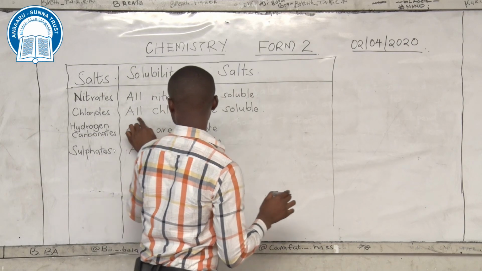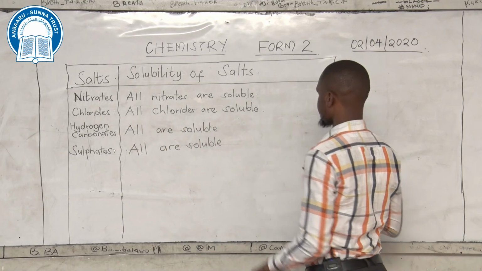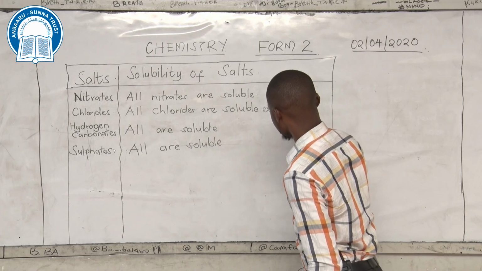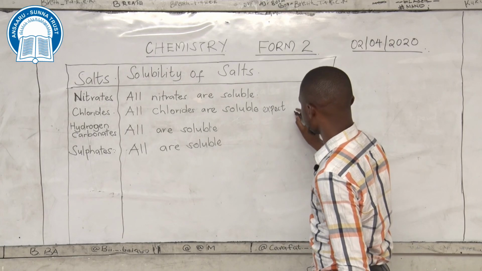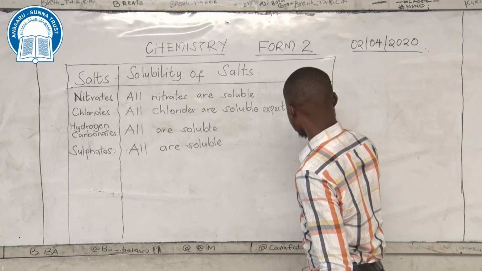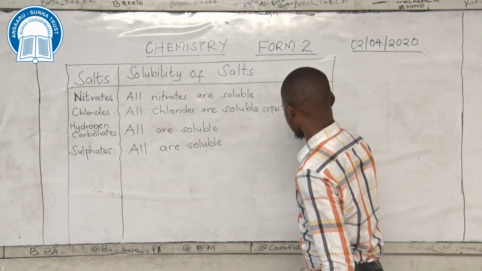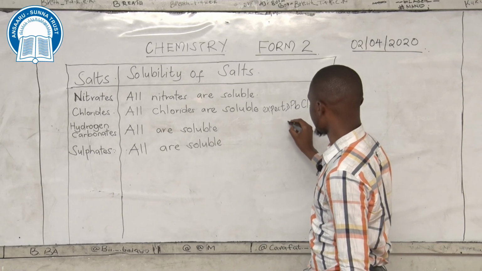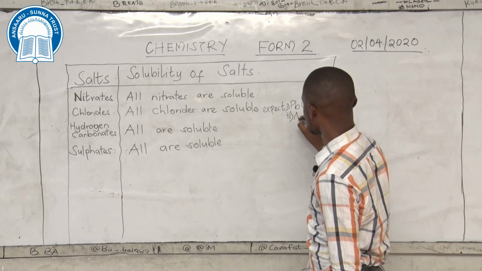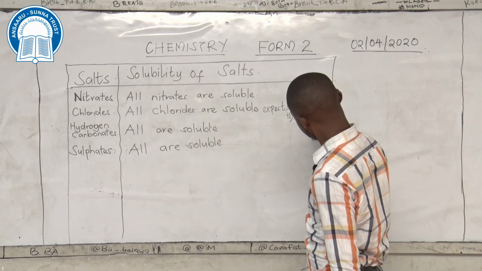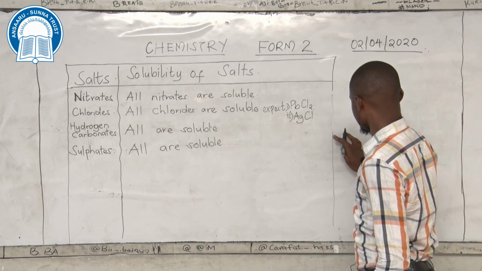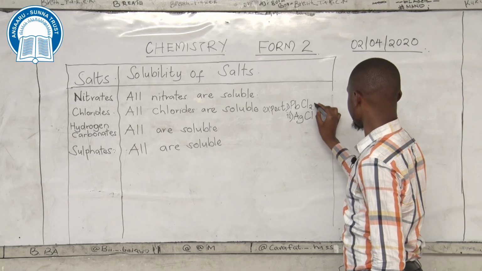To start with, all chlorides are soluble, yes, but there are two that are not soluble. One is lead chloride, which is not soluble in cold water.